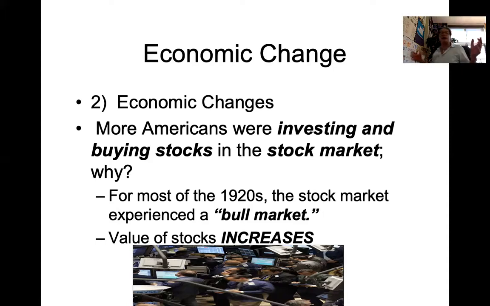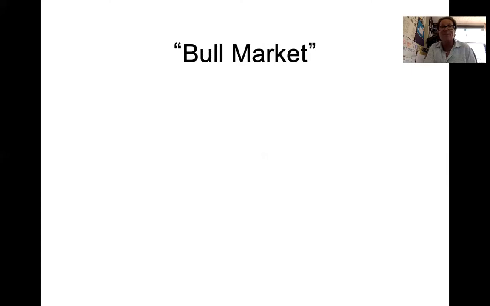A bull market simply means that over a sustained period of time, the value of the stocks keeps increasing. The more the value keeps going up, depending on how many shares you have in that company or corporation, the more and more money you're going to be making. So a lot of people in the Roaring Twenties saw the stock market as the best way of getting rich.